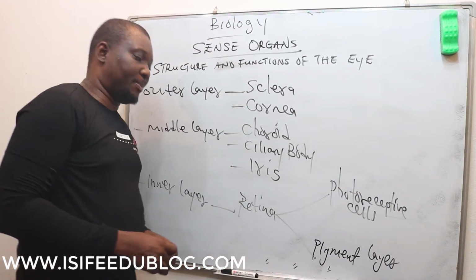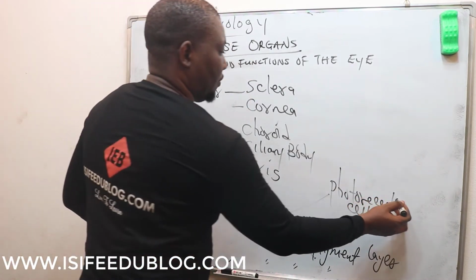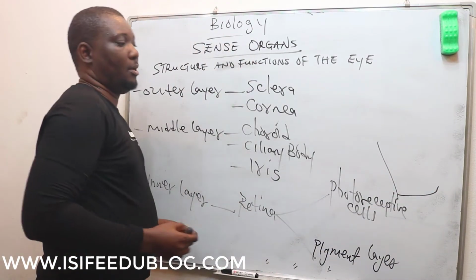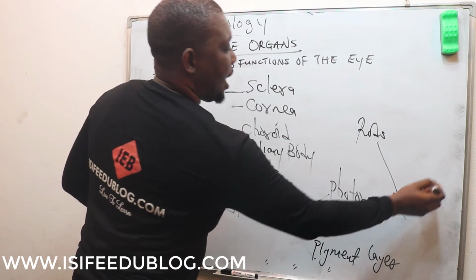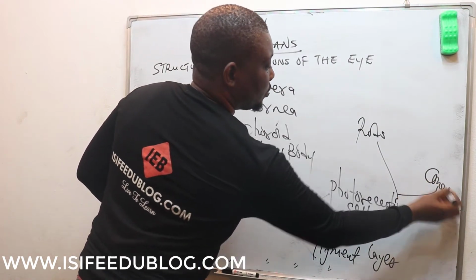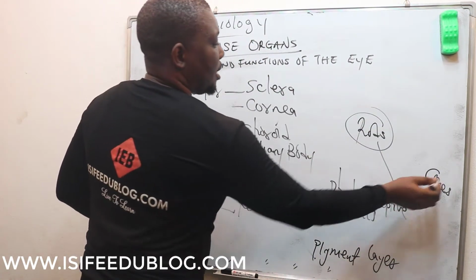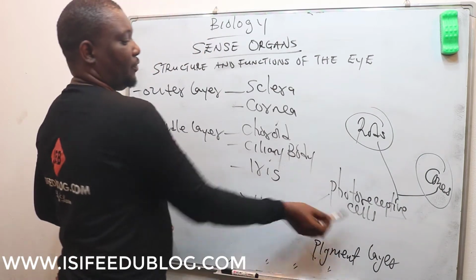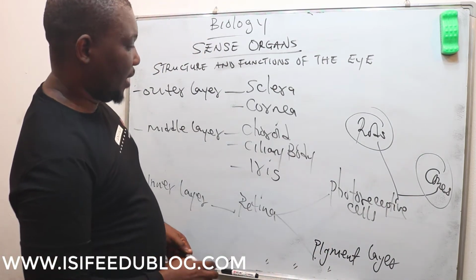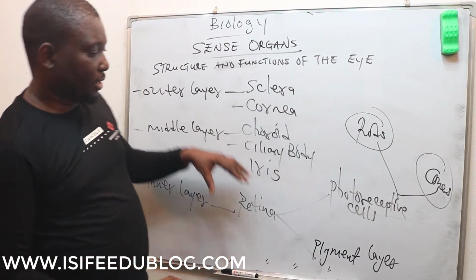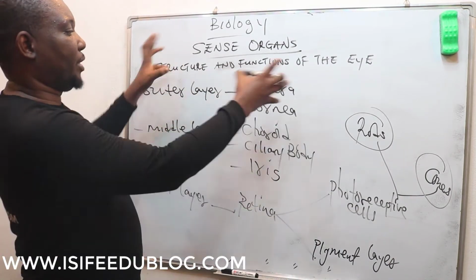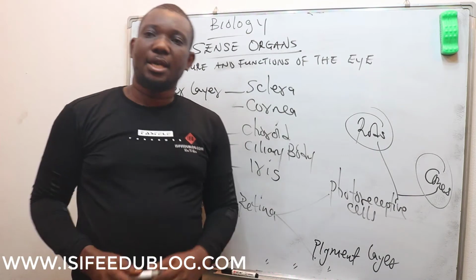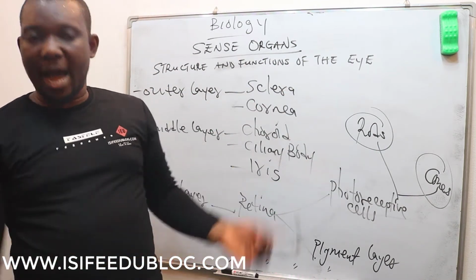Now, the photoreceptive cells of the retina also comprise two main parts, which are the rods and cones. The rods and cones are the photoreceptive cells of the eye. So we are going to see how we're going to fix these structures, these layers, and see how it comes out to be what represents the eye.